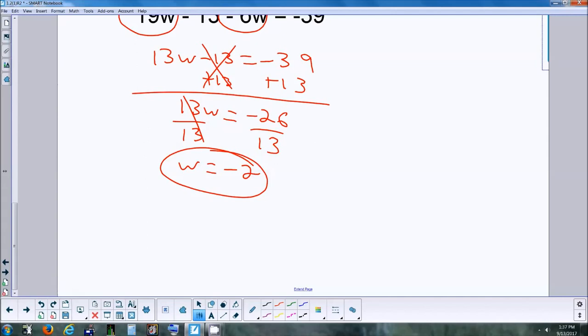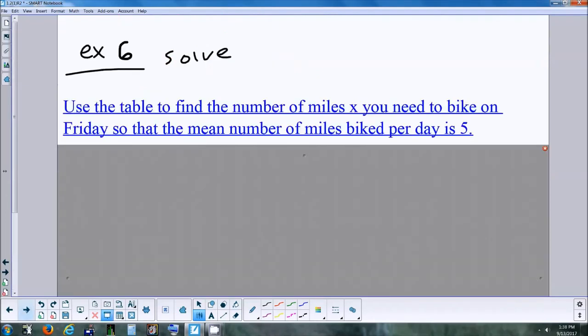All right, so the last one we're going to look at is a word problem, and it has to do with an average. Adding up a bunch of numbers and then dividing by how many you had to find an average. We're not going to find an average like, let's say you know all your test grades and then you average them.